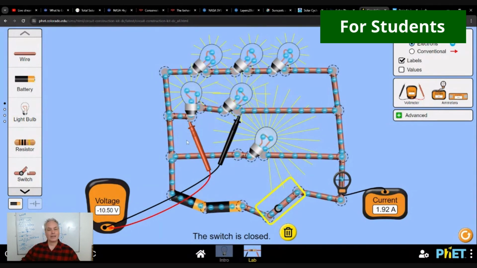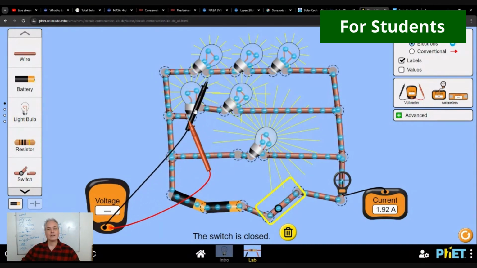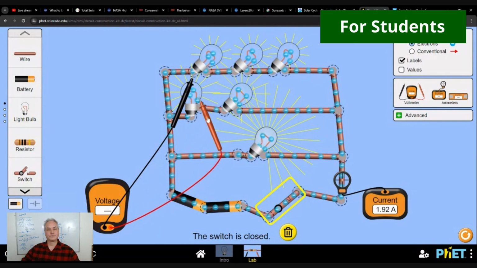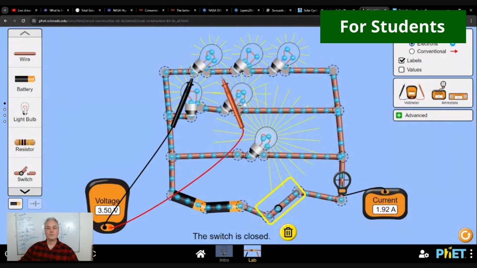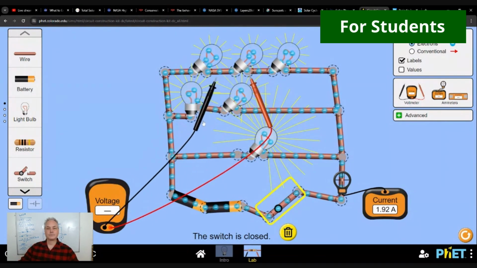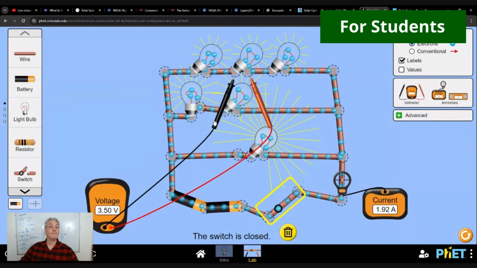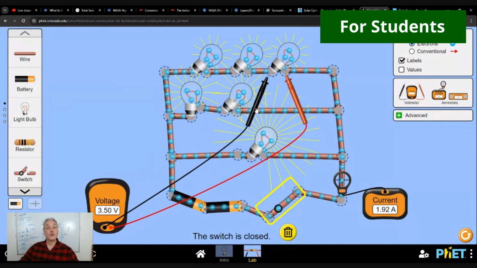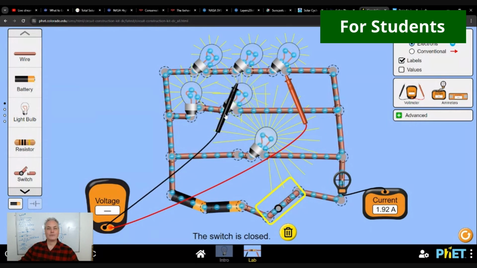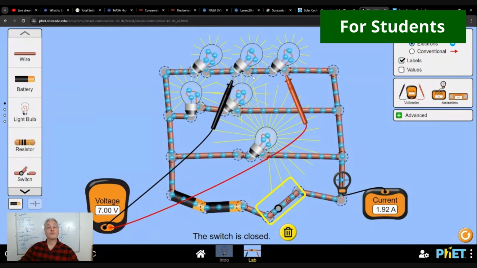And the reason for that, if I look at the measurements, the voltage across that bulb is 3.5 volts. For the next one, 3.5 volts as well. And the next one is 3.5 volts. So somehow the energy of the electrons is divided. If I have two bulbs, 3.5 plus 3.5 is 7 volts.